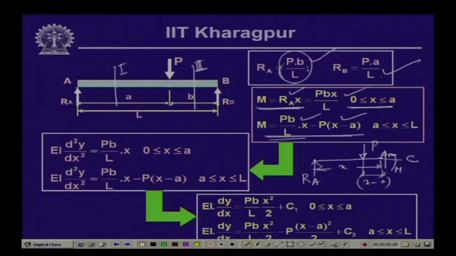So, from A to L is the range of x wherein this particular expression will be used. You see that over these two segments we have two expressions for the bending moment. Our next step is to substitute these values of the bending moment in our differential equation, which is E I d2y dx2 equals moment, and moment is equal to P B x by L.